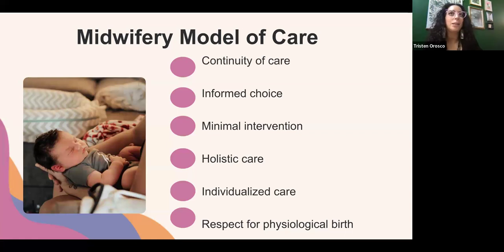Number 4, holistic care. Physical care is really important. Vitals and monitoring the growth of the baby is incredibly important. And we also factor in emotional, spiritual, and psychological well-being of our clients. We do heavy counseling on nutrition, probably at every appointment. We screen for mental health.